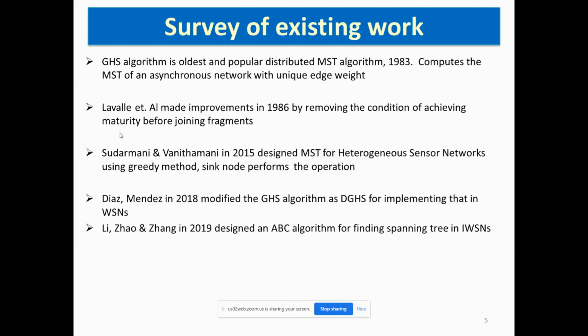In 1986 an improvement came up where we didn't have to wait until both fragments match their level, or in simple words the height of the subtree, in order to join two small fragments when making a bigger spanning tree.